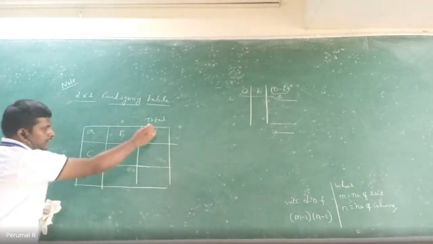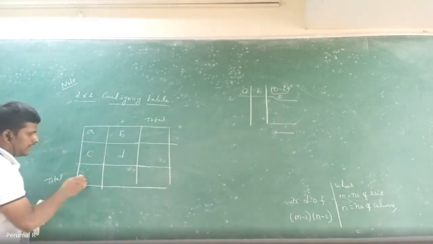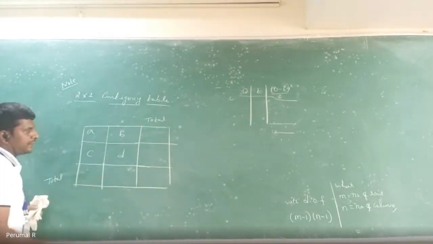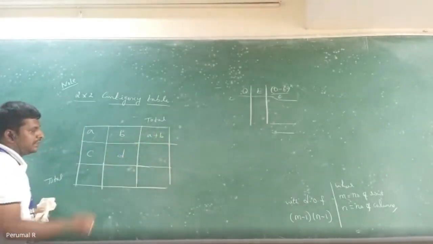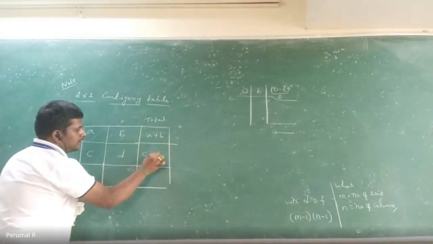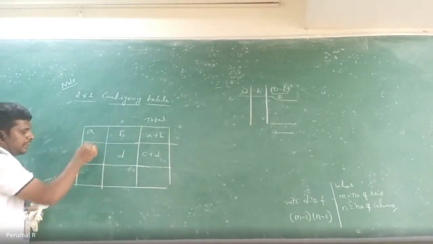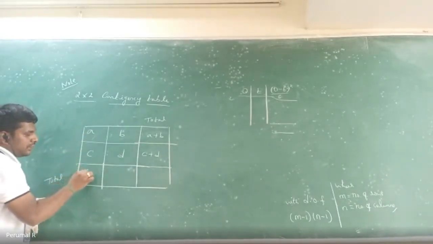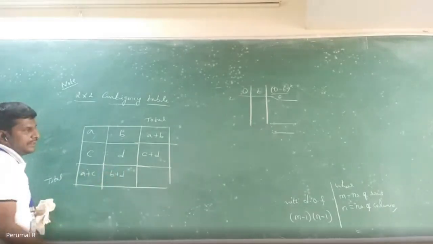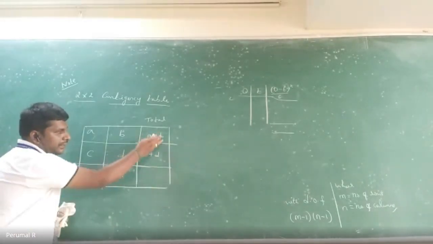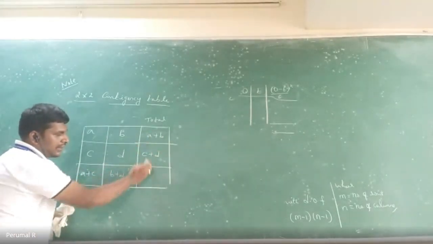The third column represents the total. Similarly, the third row represents the total. Now you can put the row-wise totals: A plus B, then C plus D. Next you compute the column-wise totals: A plus C and B plus D. Next you compute the grand total, either by adding row-wise or column-wise.